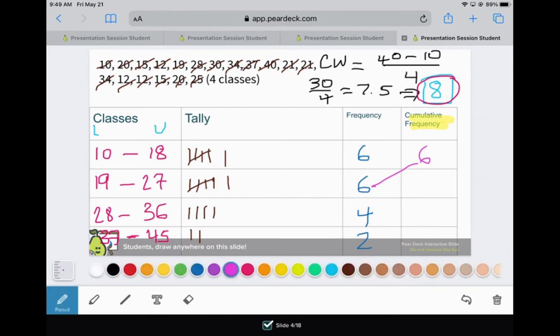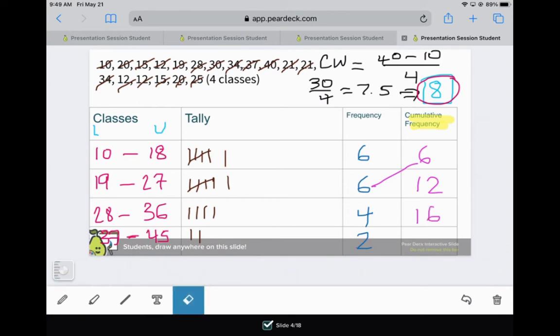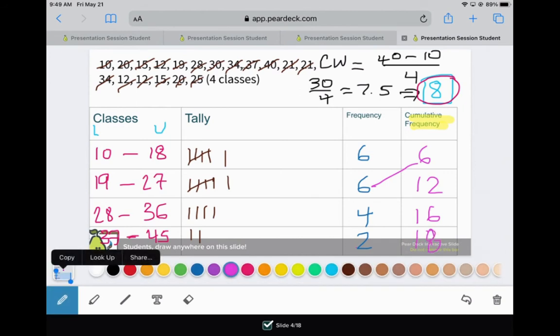That's cumulative frequency. 12 plus 4, that gives you 16. 16 plus 2, that gives you 18. So that's how I find cumulative frequency. Yes, that is correct. So we just add the total. Just add the next numbers. Like your GPA, you start with the first semester, then you add the GPA of the second semester, that gives you the freshman year, and you add another semester, you add another semester, and right now you're going to add this semester, that will give you your final GPA.